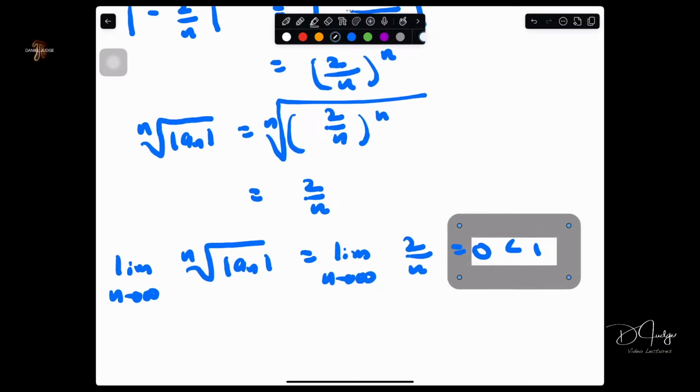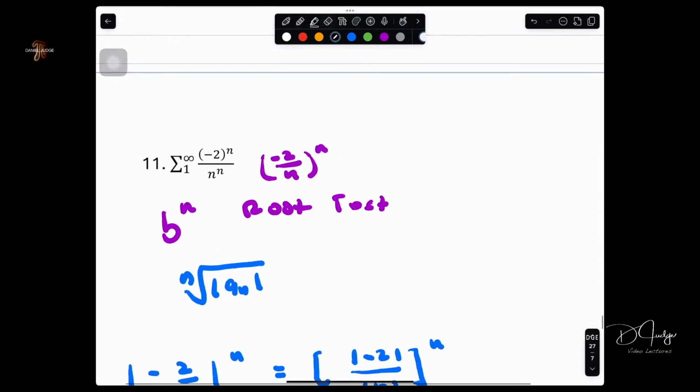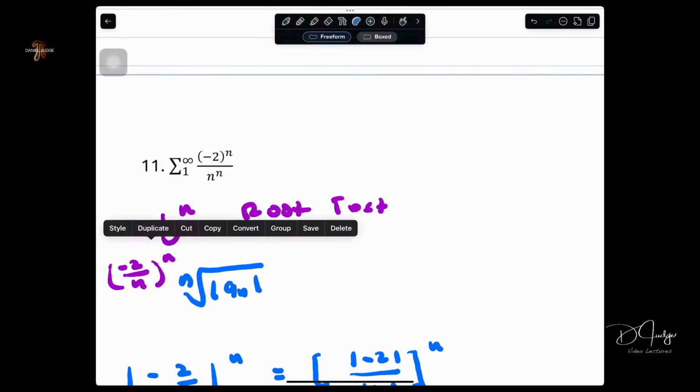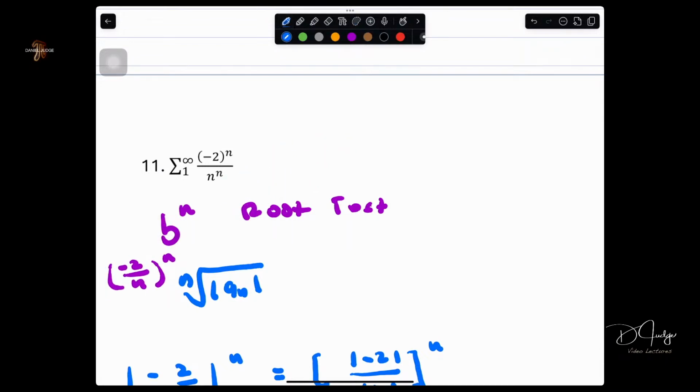So by the root test, we have absolute convergence, and absolute convergence implies convergence. So I'm going to move this here. So we have convergence here, ladies and gentlemen. This means convergence by the root test.